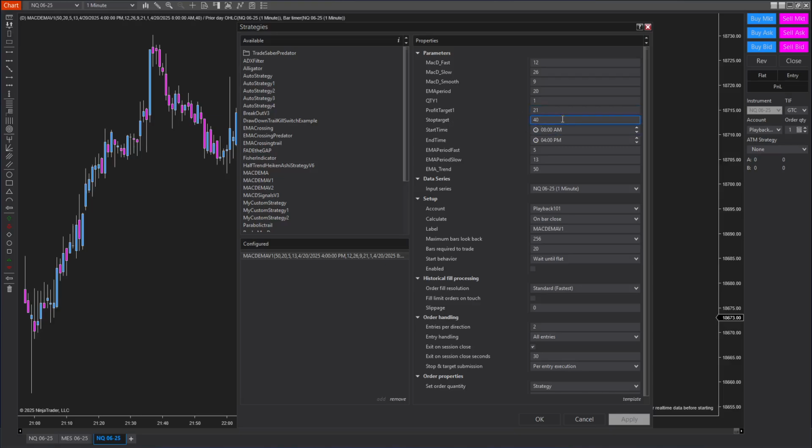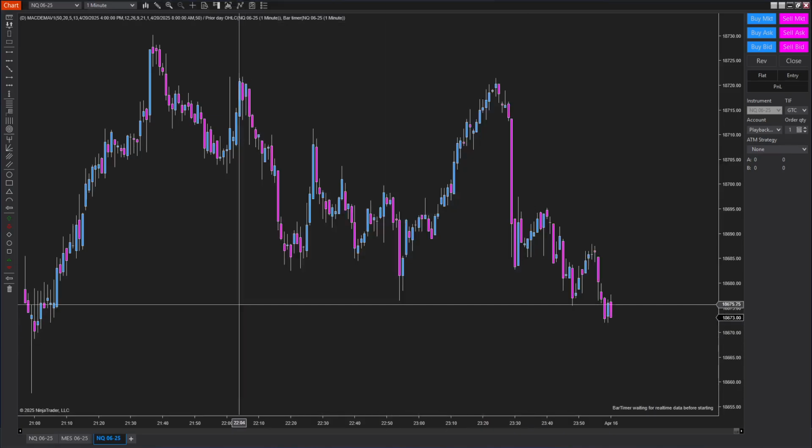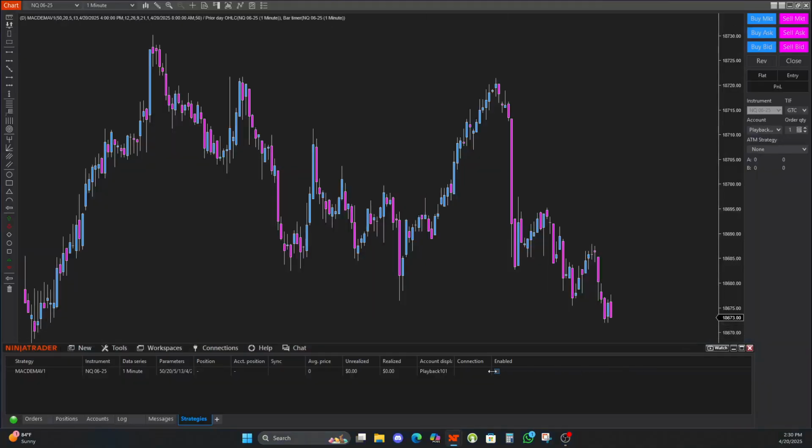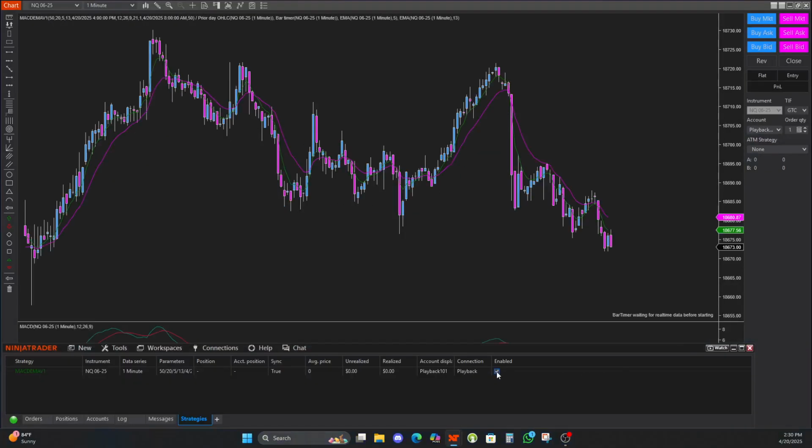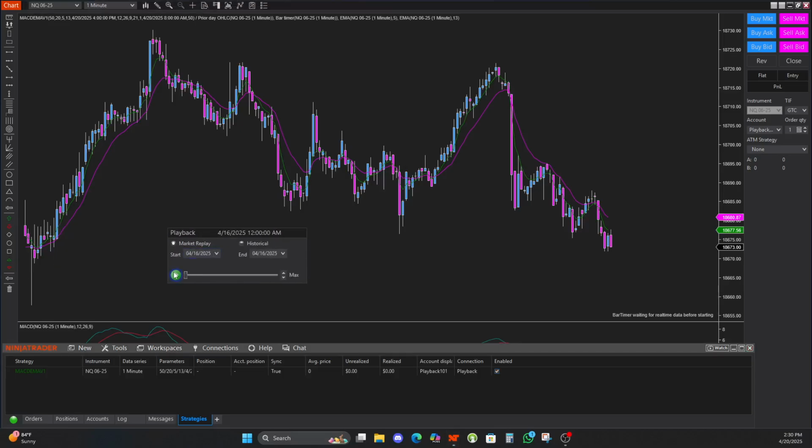I'm going to increase this by 10, give it a little bit more room, because Wednesday was very volatile, so I can see how getting wicked out would have impacted that. And now I am going to enable it, and I'm going to run it again. This is just to see if we get a difference.